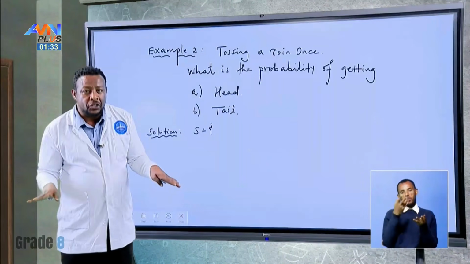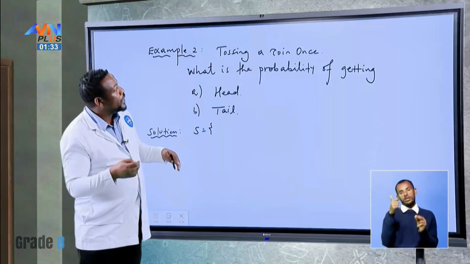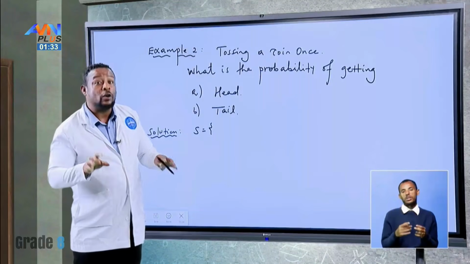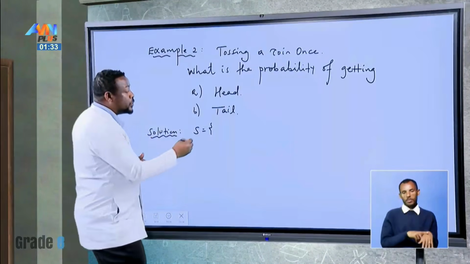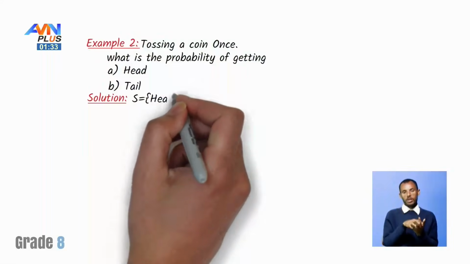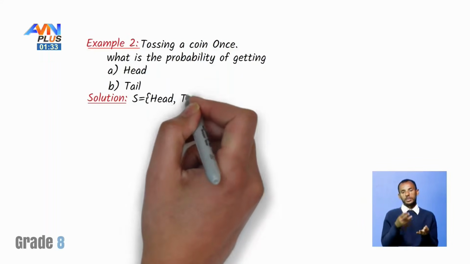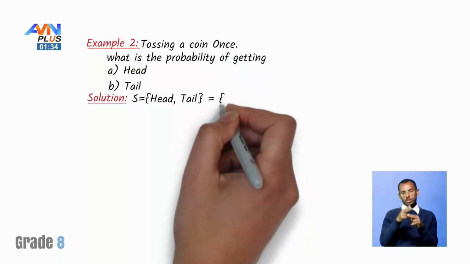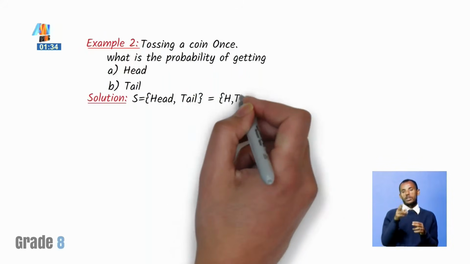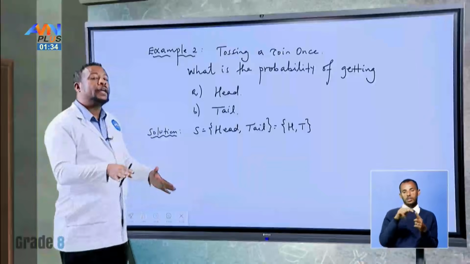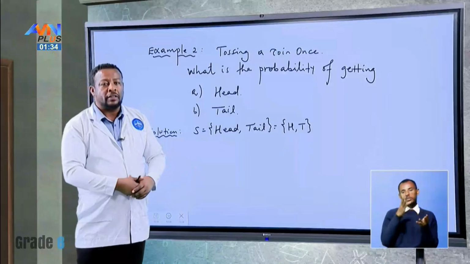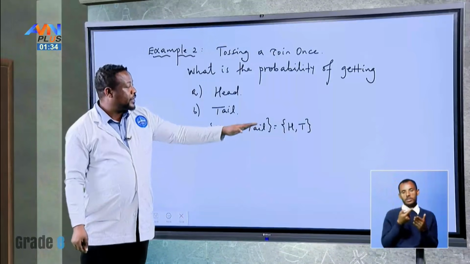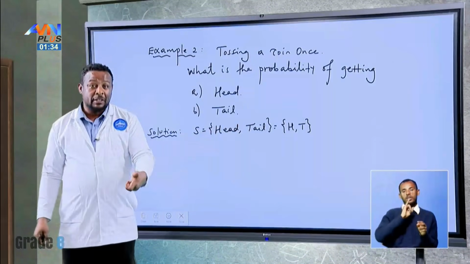There is no other option because we are tossing a coin once. So the sample space will contain the outcomes head and tail, or shortly we use the notation capital H and capital T to mean head and tail. No other option. So this set is the sample space.